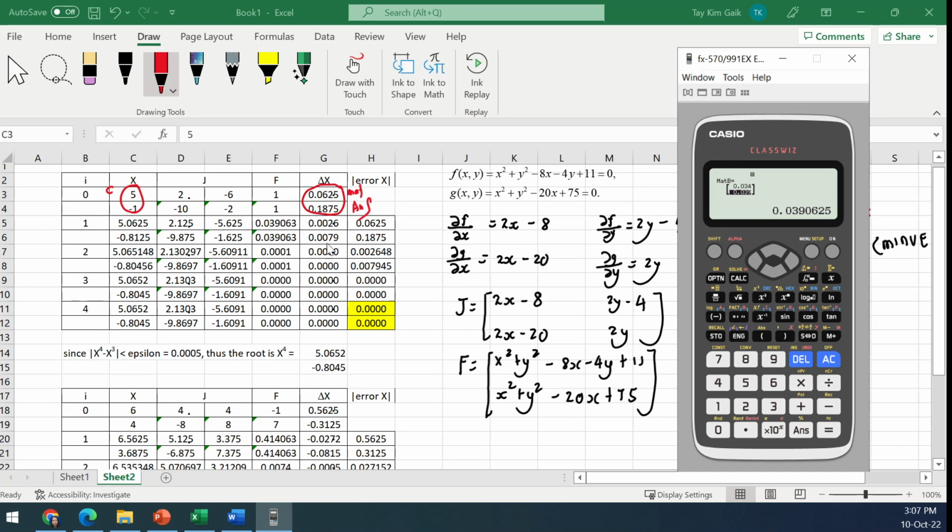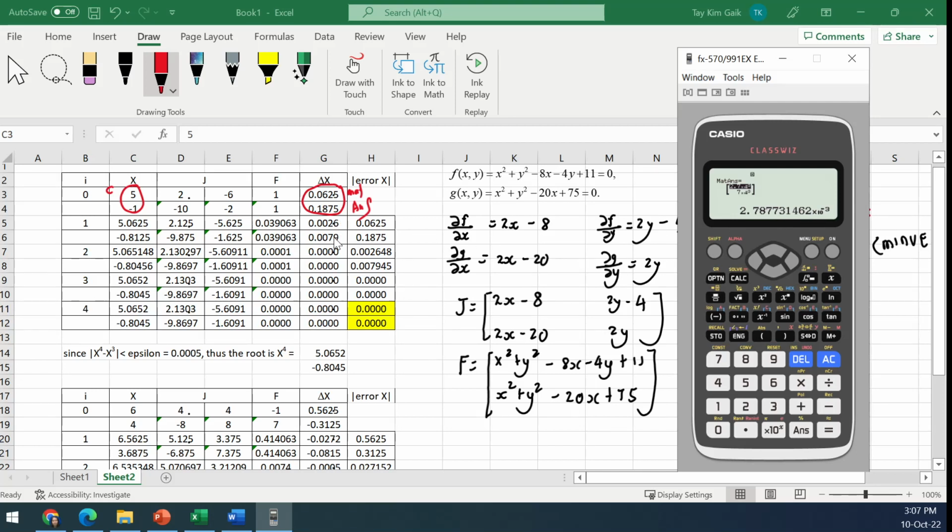Now again finding your delta x. Delta x, so option matrix calculation. It's negative matrix A, which stands for Jacobian, number 3, and then inverse, multiply vector f, stored in B, number 4. So you get 2.7877 times 10 to the power negative 3.